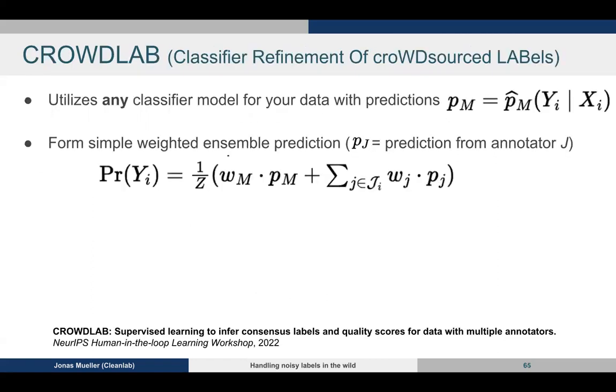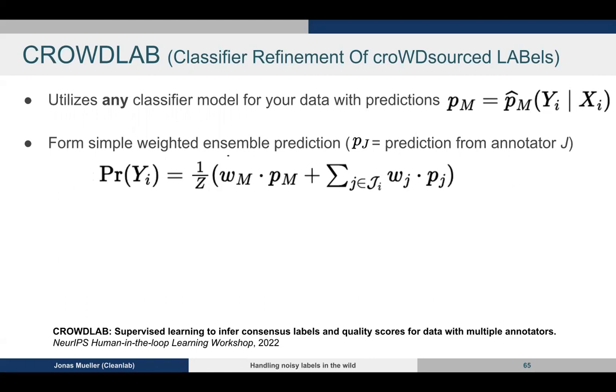And so essentially what we propose to do is train a classifier model just like we did in confident learning. It can be any classifier model. You get the predicted class probabilities from that classifier model. Then what you can do is form an ensemble prediction using the predicted probabilities from the classifier model, as well as treating each of the annotators themselves as if they were other models producing predictions.